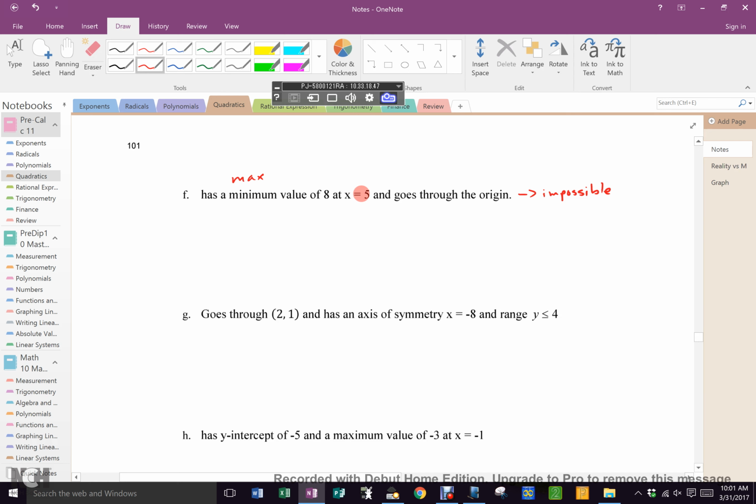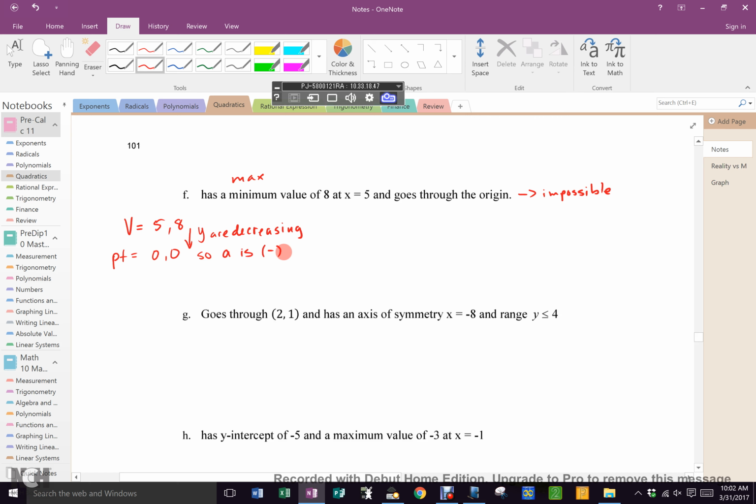Okay, now, for practice sake, let's change this to maximum. Right? So now, I have a vertex of what? What's my vertex? 5, 8. And I go through the origin, so what's my point on the graph? 0, 0. Because this goes down, because my y's are decreasing, so A is what?